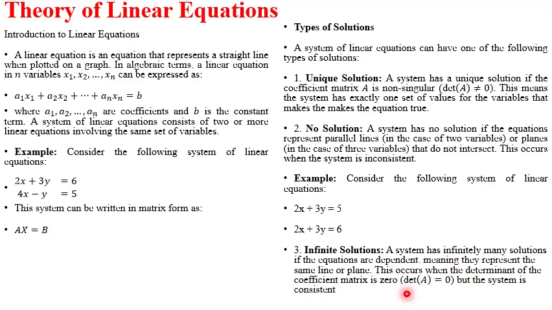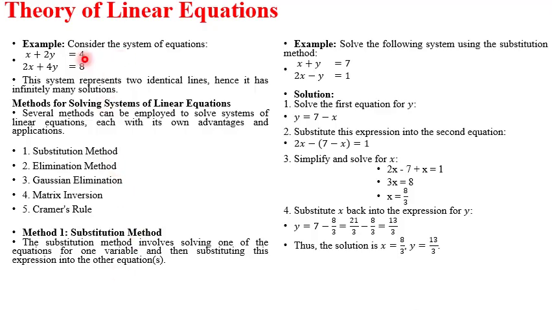And it generally occurs when the determinant is equal to 0. So basically, from these three kinds of solutions that are possible, only the unique solution kind of system of linear equations can be true when they are solved.